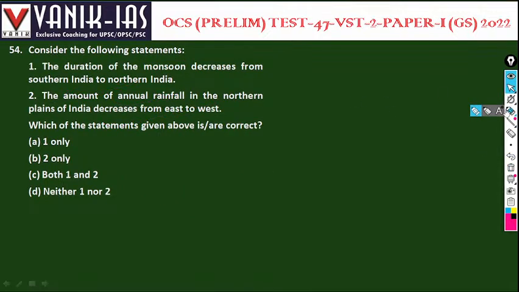Then question number 54. The duration of the monsoon decreases from southern to northern India. Yes, duration of monsoon decreases from southern to northern. Why? Because moisture content decreases. Amount of annual rainfall in the northern India decreases from east to west. Yes, because from east to west the amount of rainfall decreases.